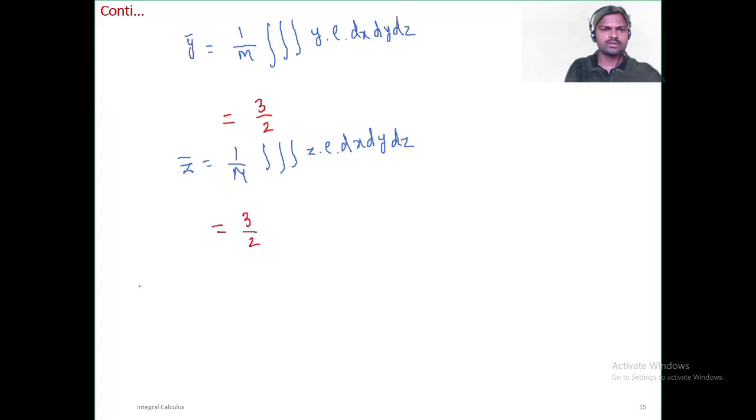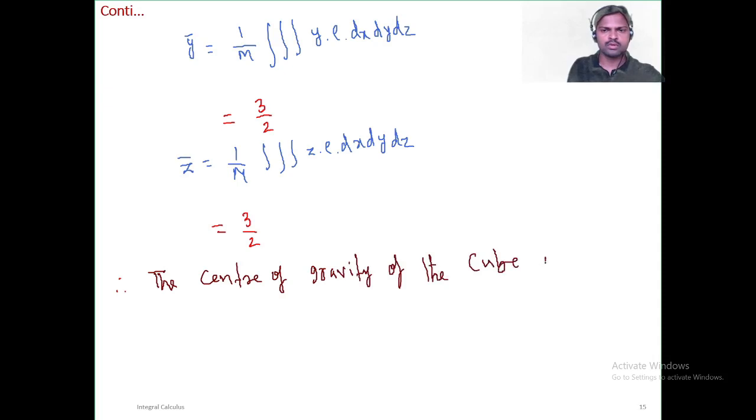Try once. Therefore overall, the center of gravity of the cube is x bar, y bar, z bar, which is 3 by 2 comma 3 by 2 comma 3 by 2.